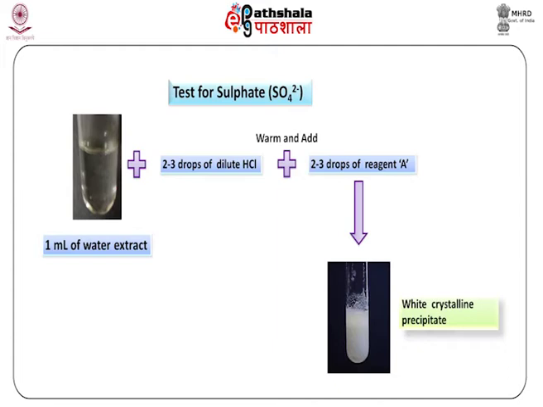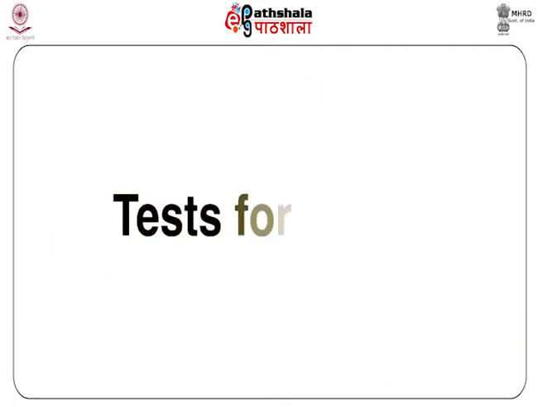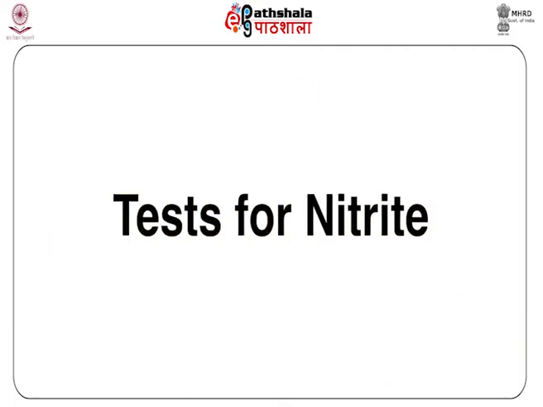The test tube is then placed in a water bath at 100 degrees Celsius for 5 minutes and 2 to 3 drops of reagent A is added to it. Formation of a white crystalline precipitate indicates the presence of sulphate ion. Tests for nitrite.